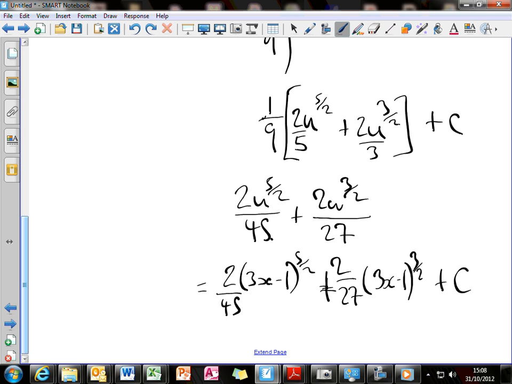And this was all equal to the thing we were trying to integrate at the start, which was x root 3x minus 1. Okay, and that's the final part of that.